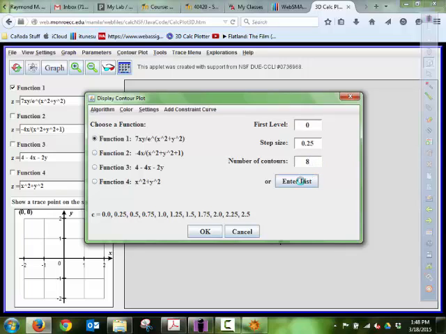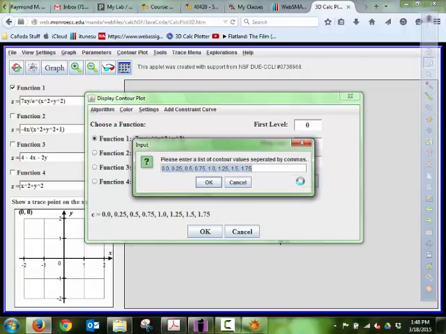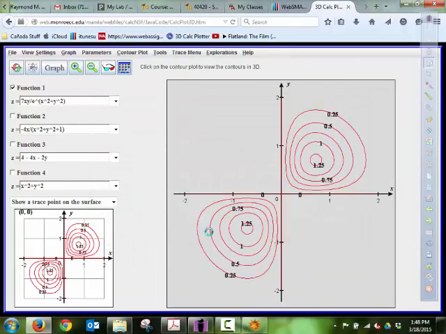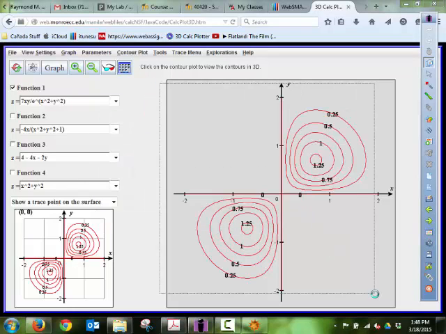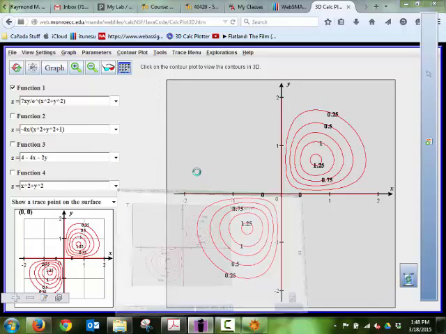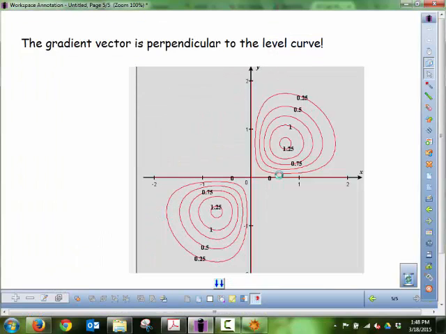So it's the second to last contour that we're going to be looking at. So 1.5 would be somewhere over here.